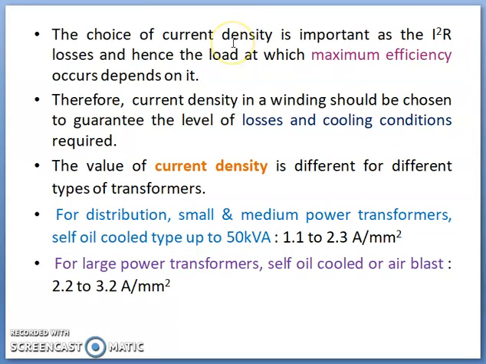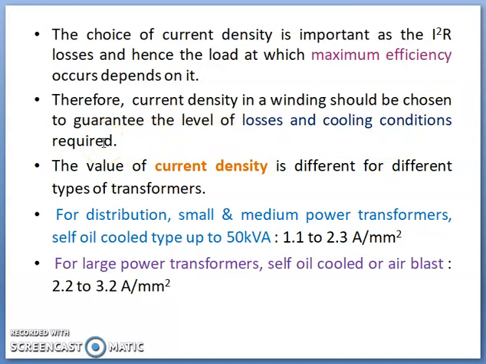then the choice of current density is important because I square R loss and efficiency depend upon current density, and therefore current density in winding should be chosen to guarantee the losses as well as cooling conditions required.